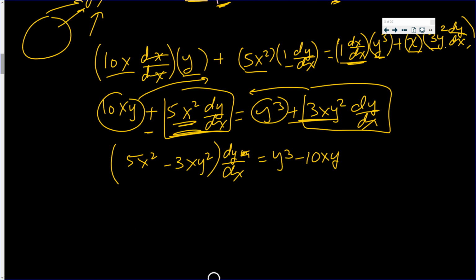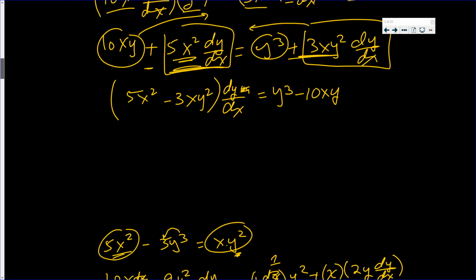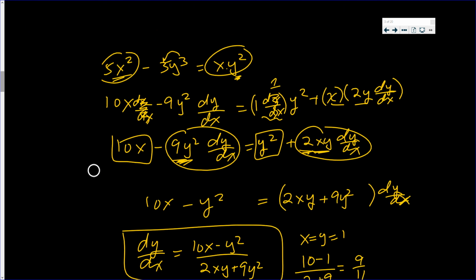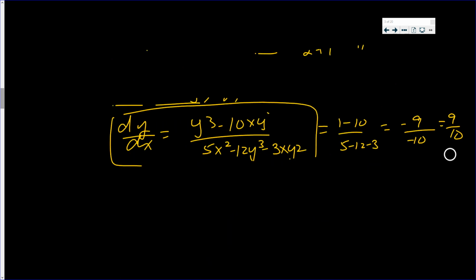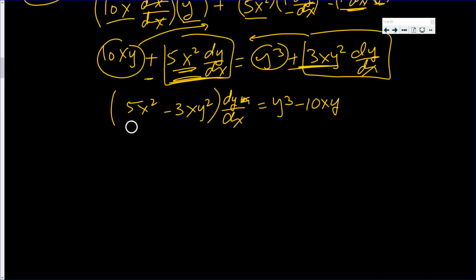So at this point, what we do next is erase this. It's natural. What we do next is common. We divide by the number of dy dx's we have.